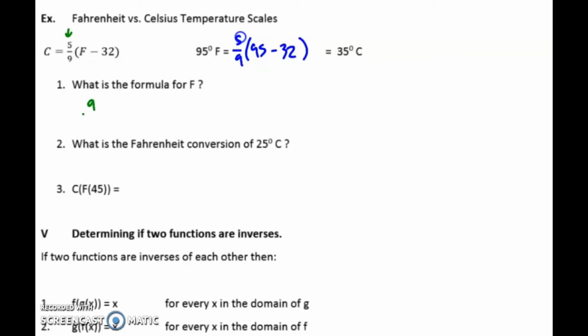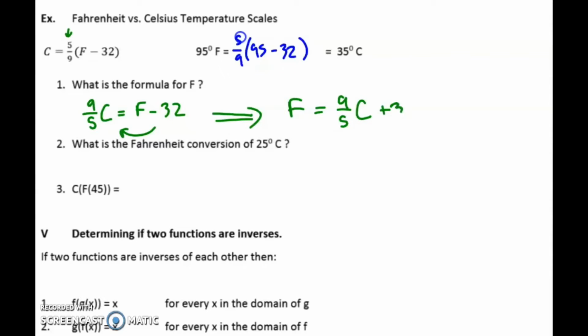So I'll have 9/5 C equals F minus 32. And then obviously I need to get this 32 over to the other side. So I end up with a formula that looks like this. F equals 9/5 C plus 32. So there's your formula for F.